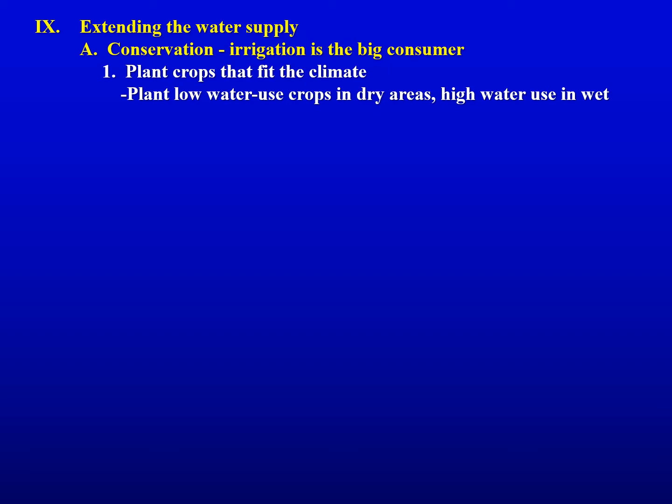But if you've ever seen how irrigation occurs in the western US, typically the farmer opens up the floodgates, floods the field so that there's 2-3 inches of water standing. A lot of that water soaks into the ground for the plants, but a lot of it evaporates as well. So there's a tremendous amount of waste when it comes to irrigation.